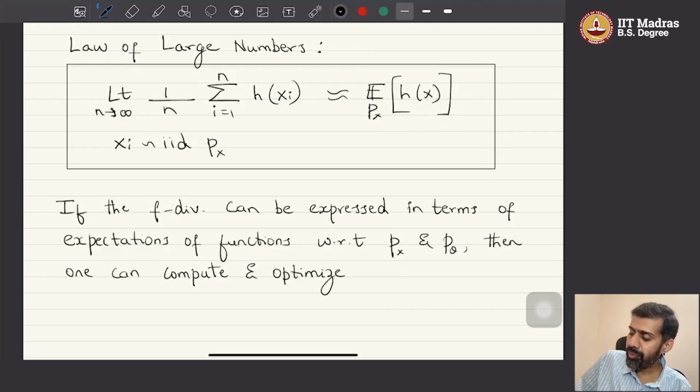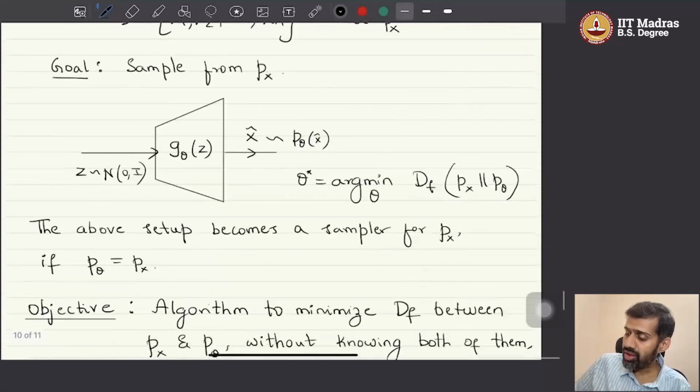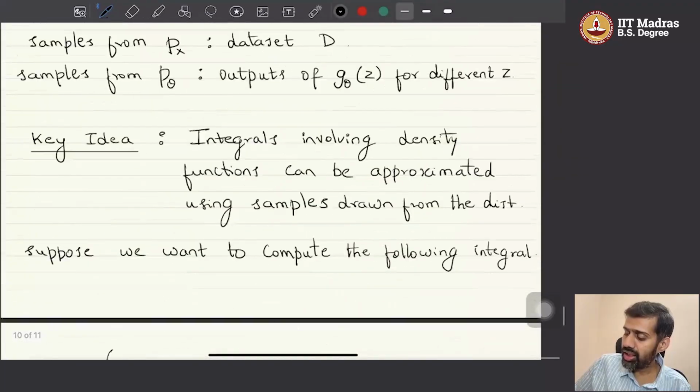So this is the idea. Okay, now let's recall. Our f divergence involved integrals.